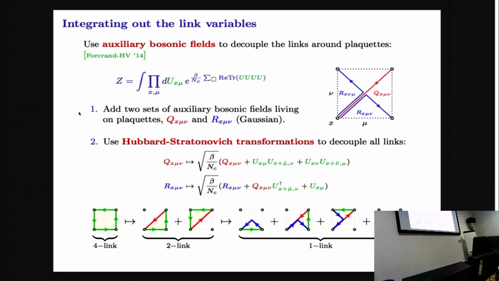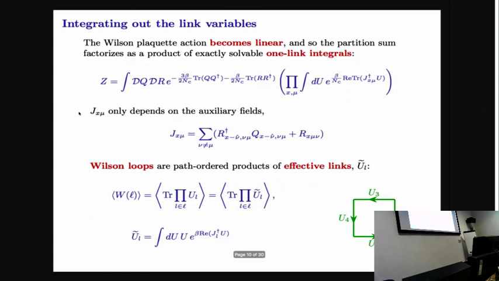So here you have a representation of the plaquette, and if you introduce these Q variables, you split it into a product of 2 link variables. Then if you do another Hubbard-Stratonovich transformation of these terms, you get a linear term in U, which you can then integrate out analytically.